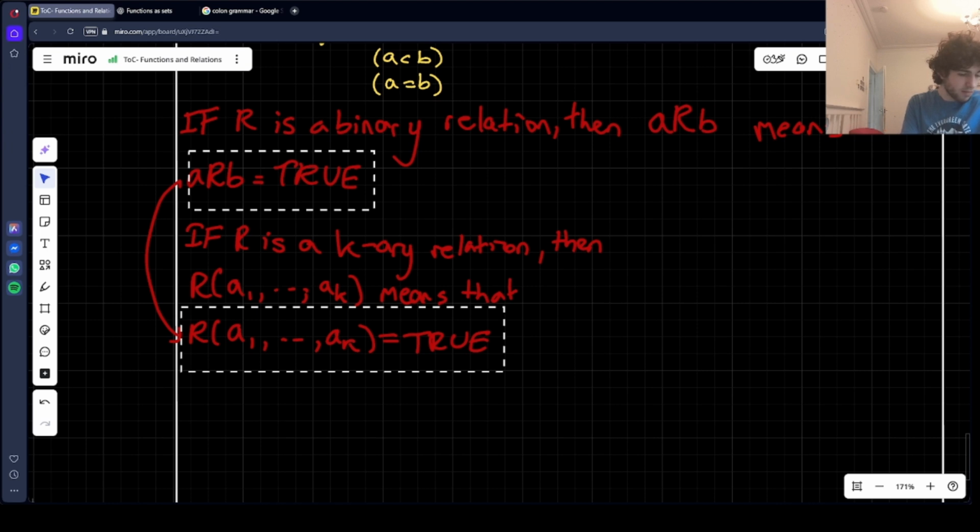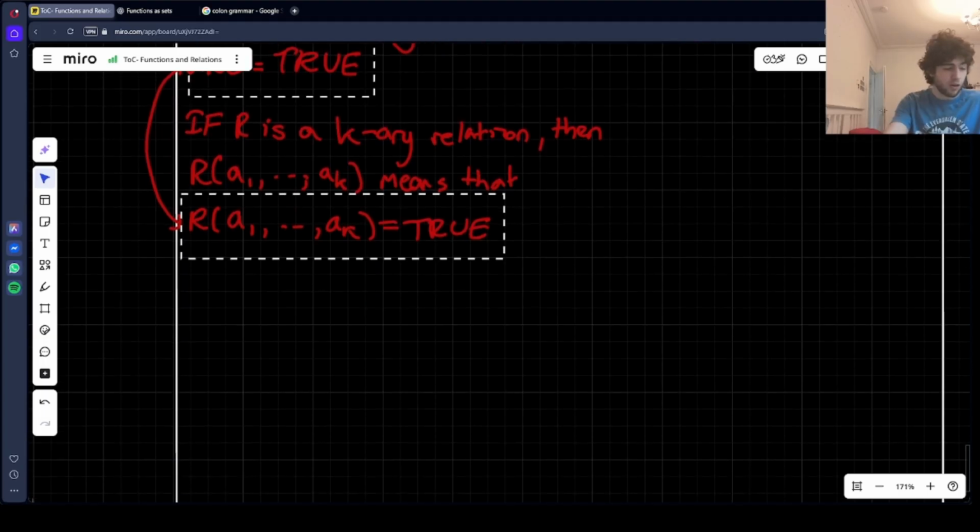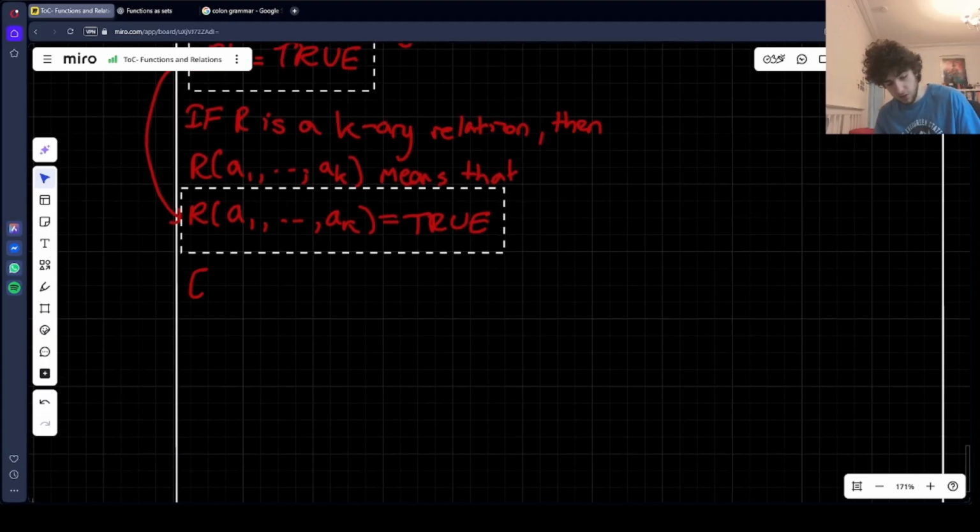Okay, so we can look at an example of how a relation actually works. In actual fact, we implicitly use relations quite a lot in our lives.